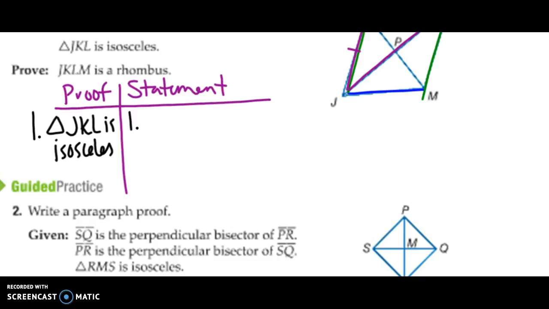That's given information. Then since we know it's an isosceles triangle, our second step would say that JK is congruent to KL. And that's the definition of isosceles, right?